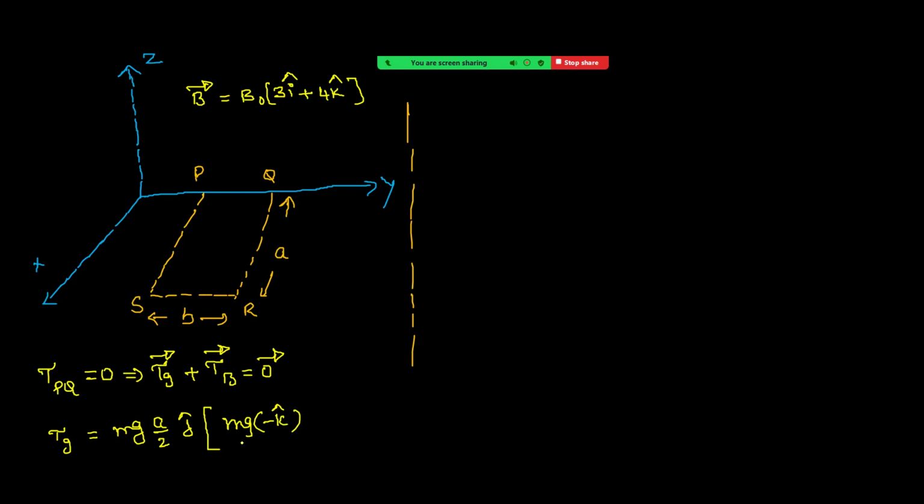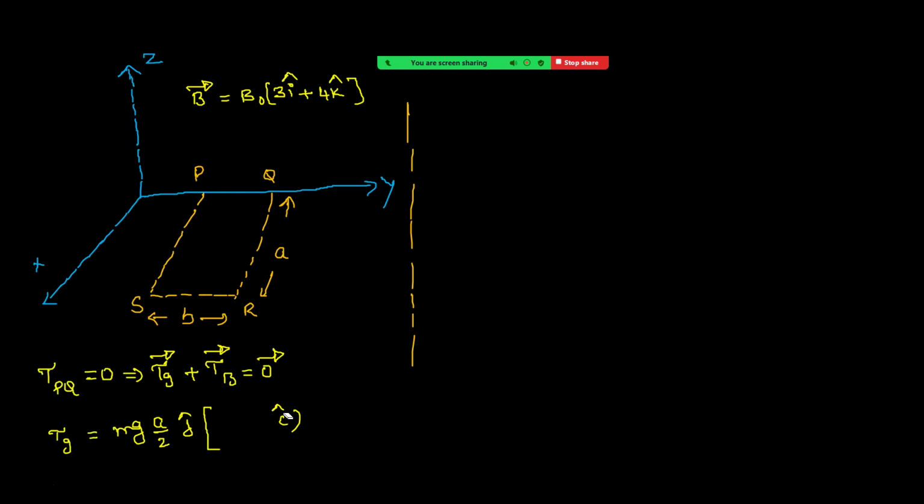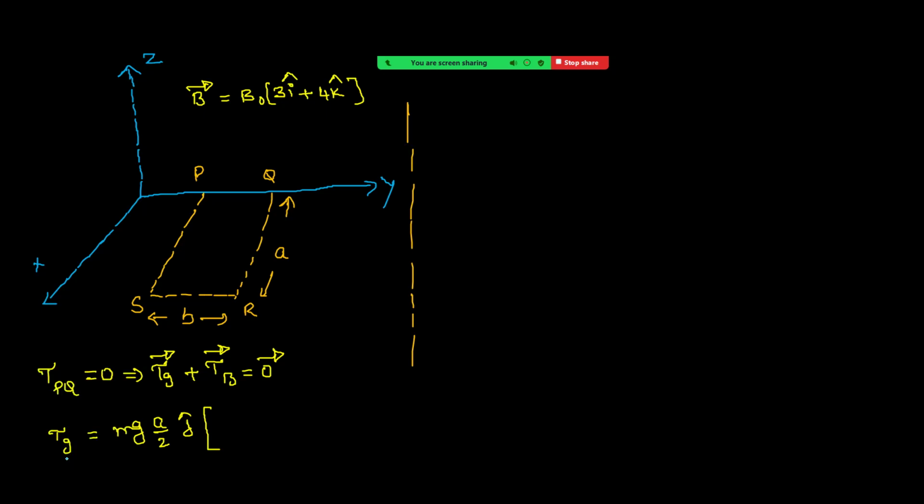Torque is r bar cross F bar. Torque is r bar, as you can see, a by 2 into i cap. See carefully, this is parallel to the x-axis, so a by 2 i cap, r bar cross F bar.